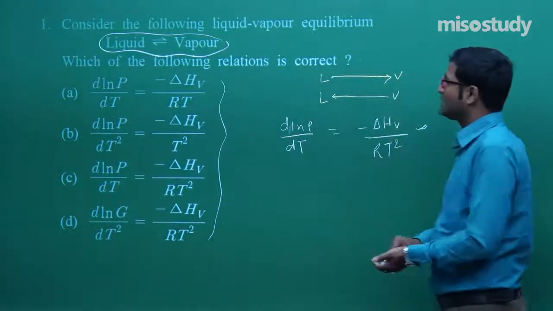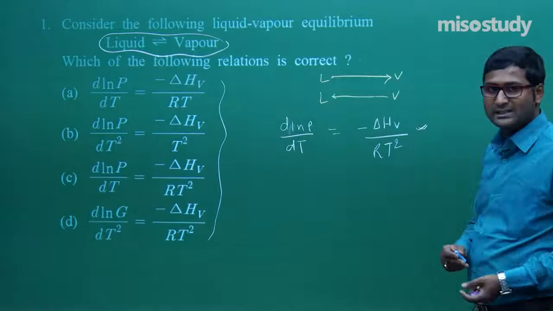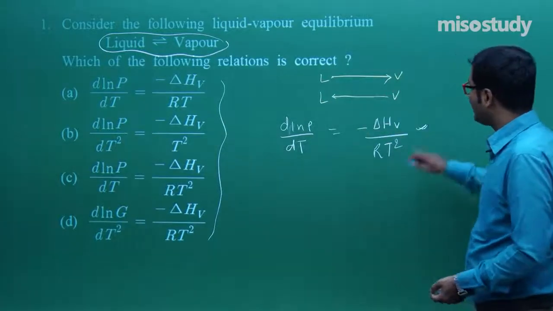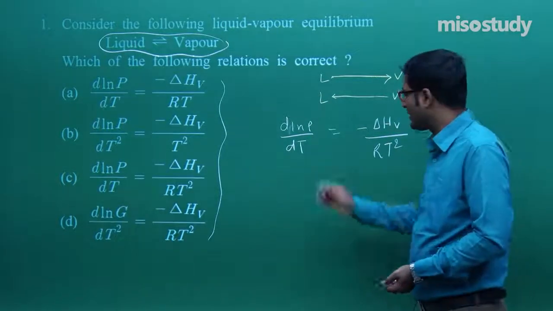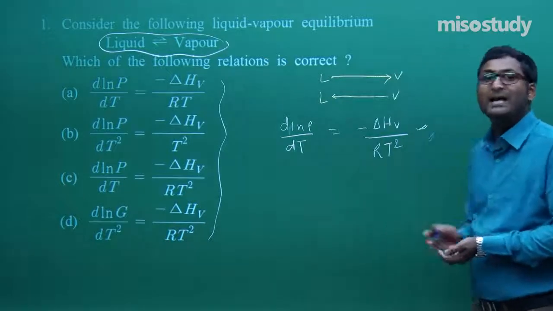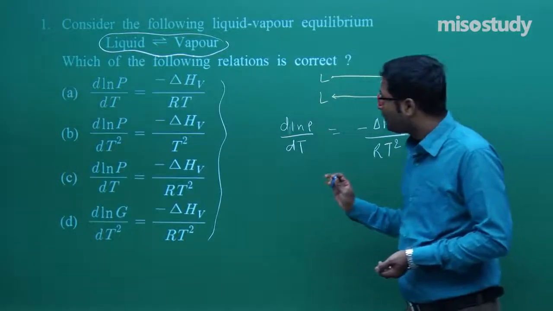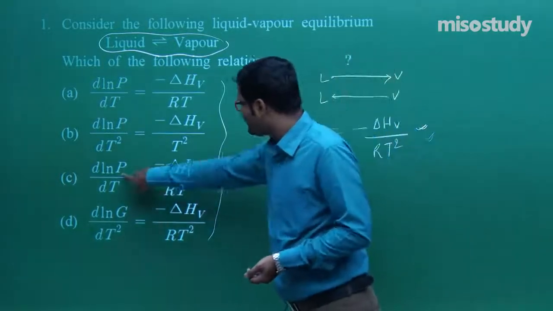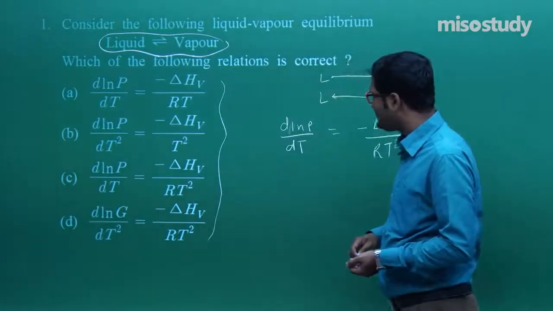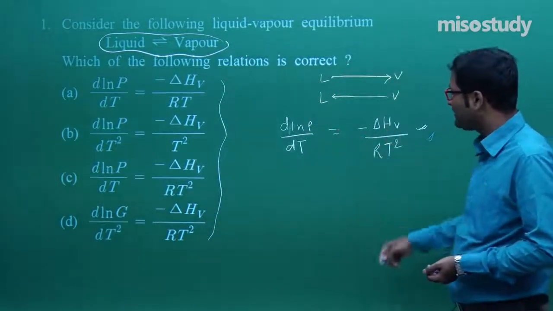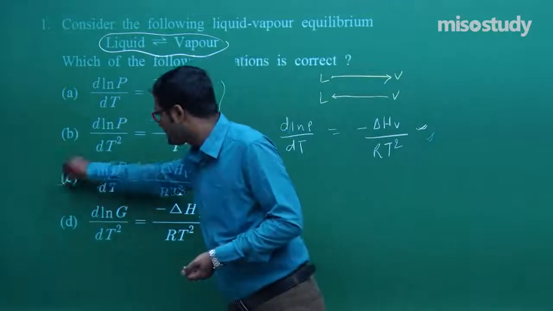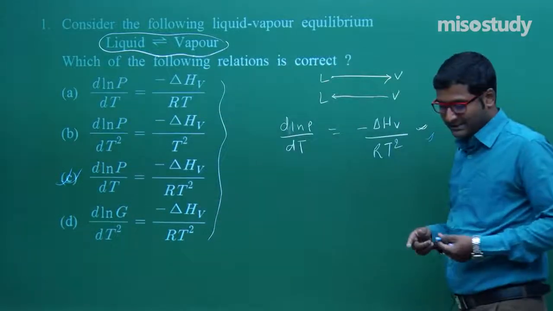If anyone asks you what the correct relation is, that is the Clausius-Clapeyron equation, as I have discussed during my theory lecture. So now find out which one is the correct option. That is d ln P upon dT is equal to minus delta HV upon RT square. So option C is correct.